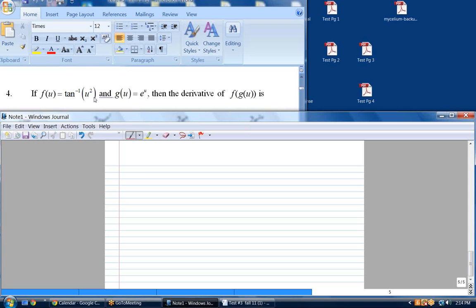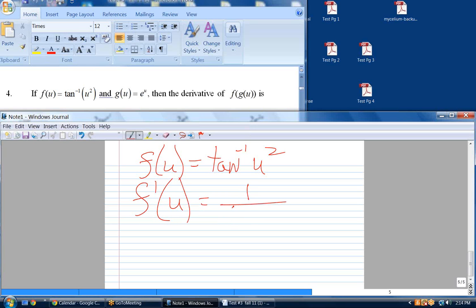Let's see. Derivative, well, if f of u equals inverse tan of u squared, what does f prime of u equal? That's 1 over 1 plus u squared, which means 1 over 1 plus u to the fourth.